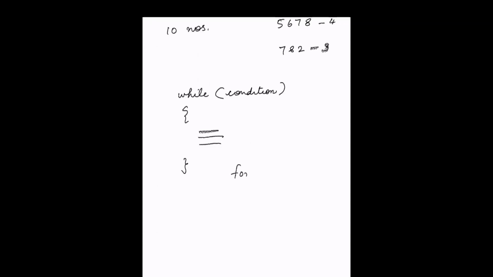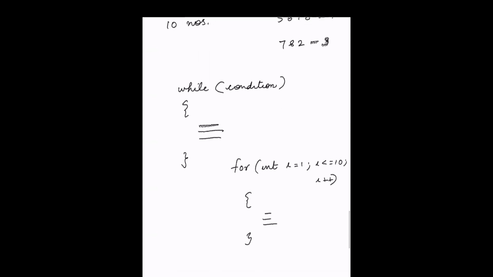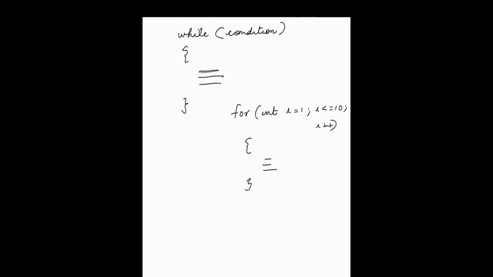We wrote for int i equal to 1, i less than or equal to 10, i plus plus, right? And we did some statements here. This is how we did the previous program. So in the while condition, we don't have a control variable and all that, right?